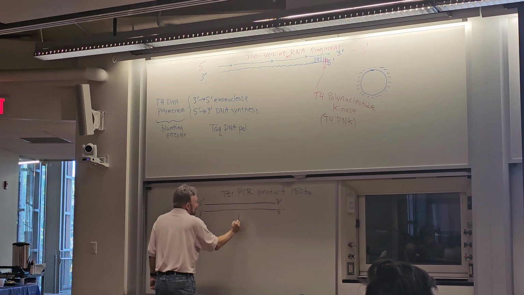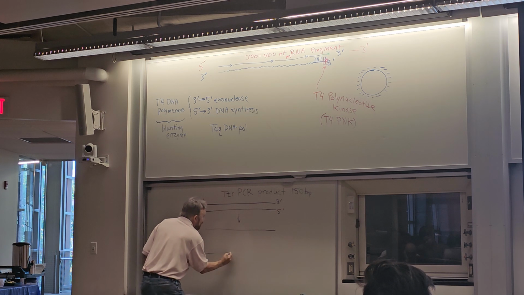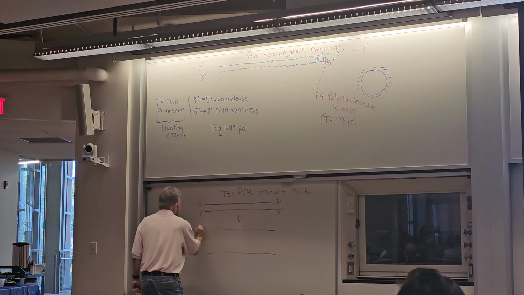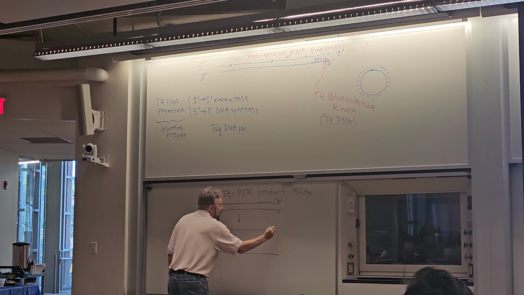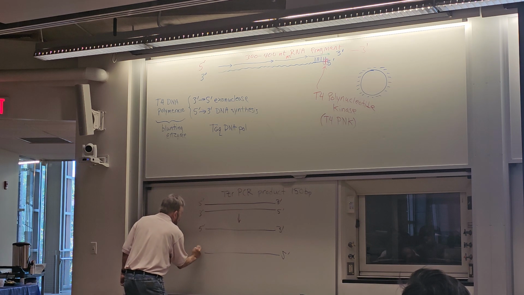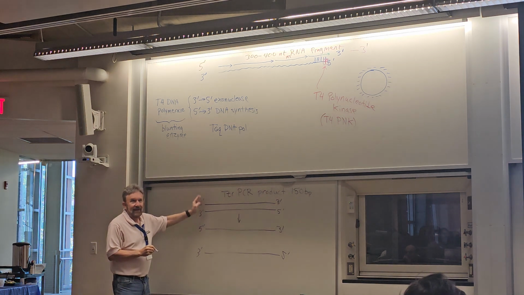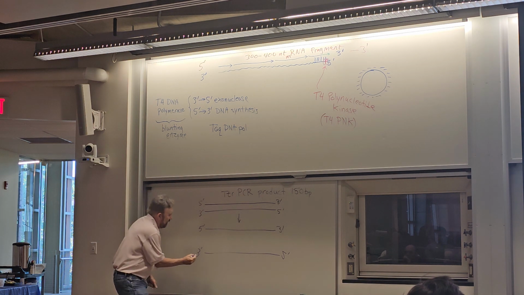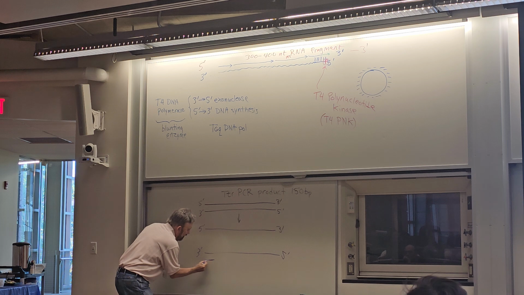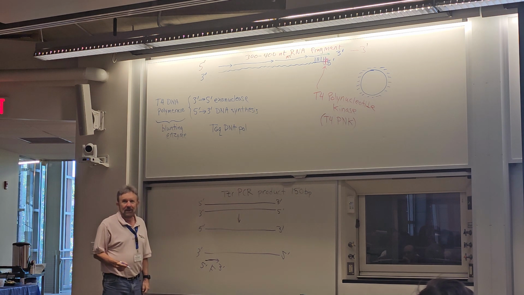For sequencing, we denature the 2 strands apart, and then we used a forward primer, the PCR primer that was actually used on this side. We used the forward primer to do our sequencing. So here's our forward primer. And we used the forward primer as our sequencing primer.